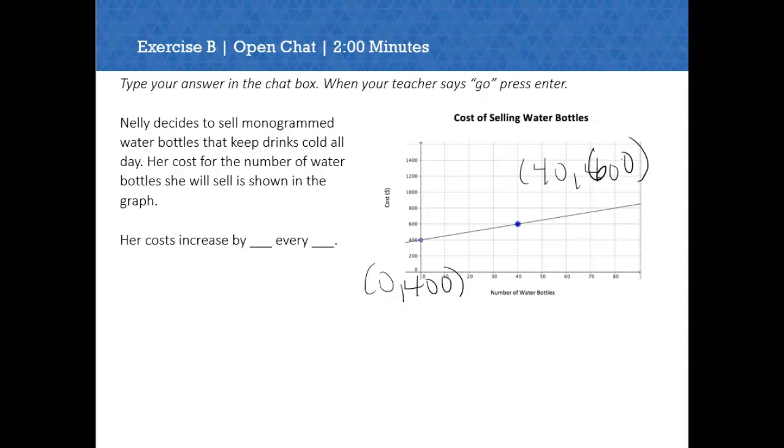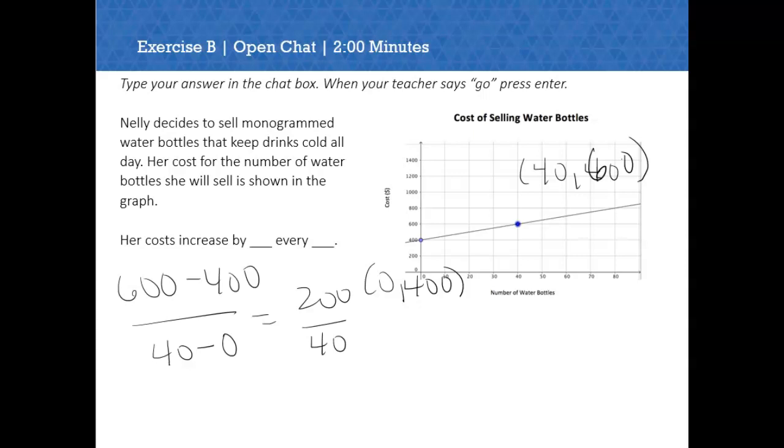So we can find the slope. 600 minus 400 all over 40 minus 0. 200 over 40 is, I've got to put it in my calculator because I'm worried I'm going to say the wrong thing. 5. $5 per bottle. Her cost increases by $5 every bottle.